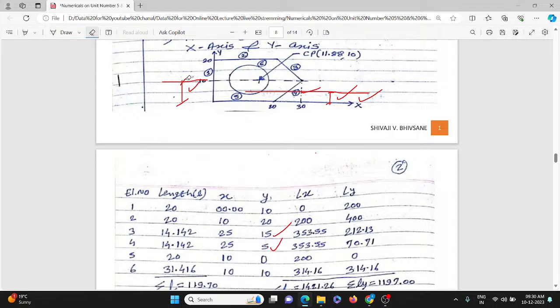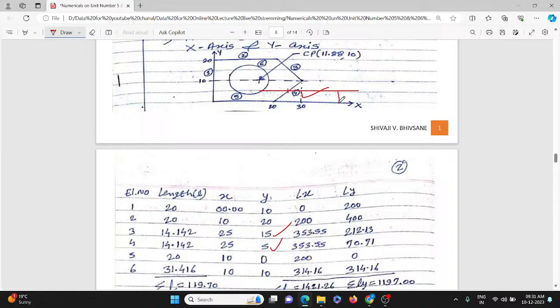Okay. So once again I will repeat as far as the fourth element is concerned. Here this one is the fourth element. So the centroid will be somewhere at the center. And so what is the center of pressure? It is not the centroid of area of that particular element, but it is the centroid of the line perimeter of that particular element. So here the centroid will be at the center.